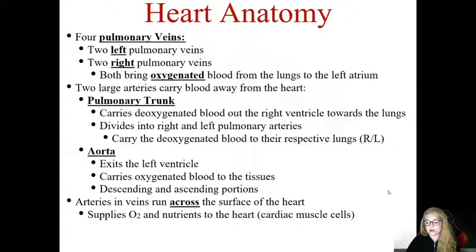And so these arteries and veins supply the much needed oxygen, blood, and nutrients. And they together form what we call coronary circulation. So coronary circulation for the heart, this is just the circulation that supplies the heart with what it needs to do its job, which is ultimately to supply the rest of the body with the blood and nutrients that it needs.